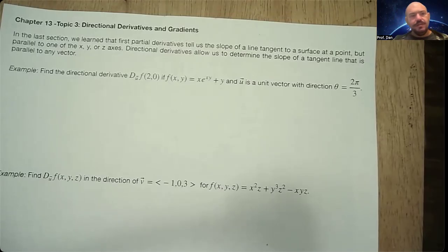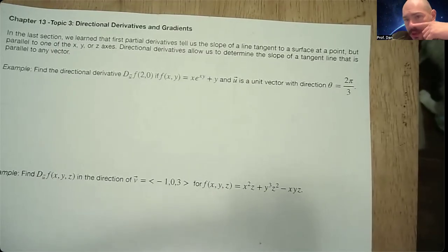So, directional derivatives. Think back to the last couple videos you watched. In one of them we talked about first partial derivatives and how they relate back to what we know about the slope of a tangent line for one variable functions.